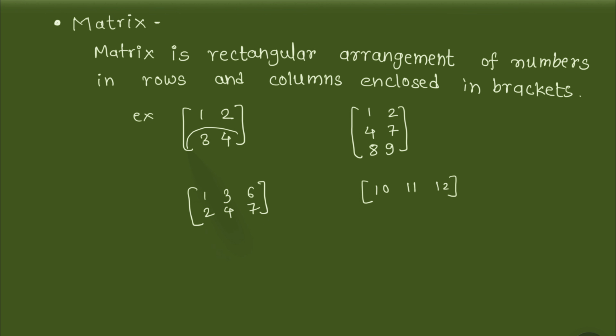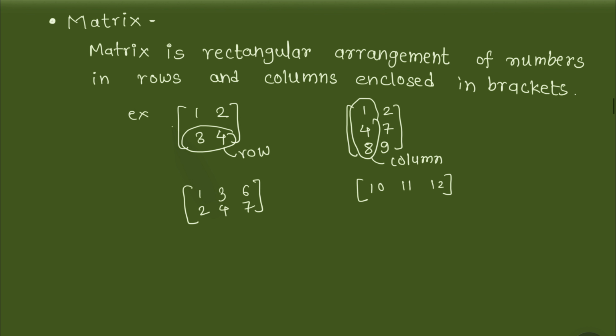In the matrix, horizontal are rows and vertical are columns. Matrices are generally denoted by capital letters.